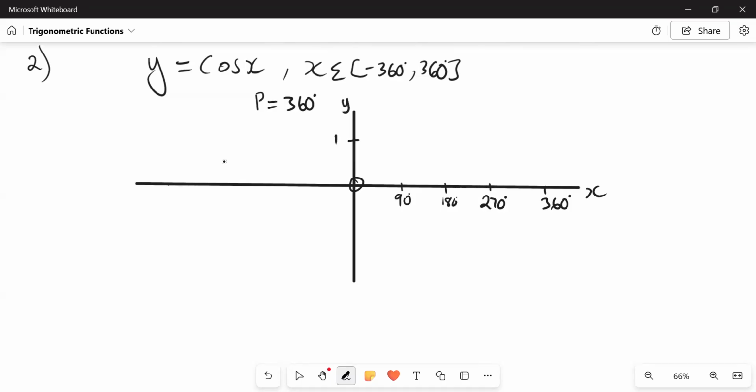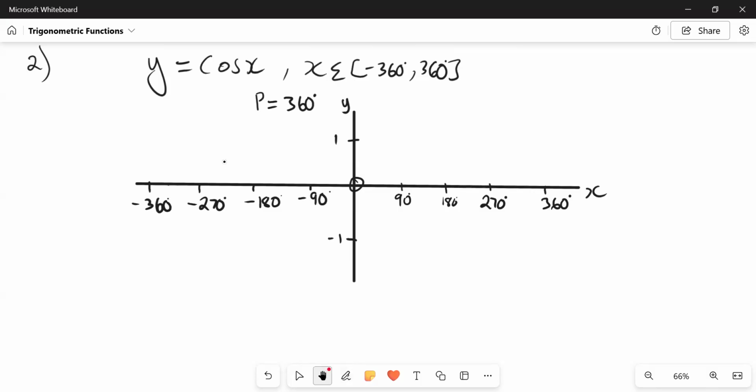So you have your 1 there and your negative 1. This is negative 90, negative 180, negative 270, and negative 360.